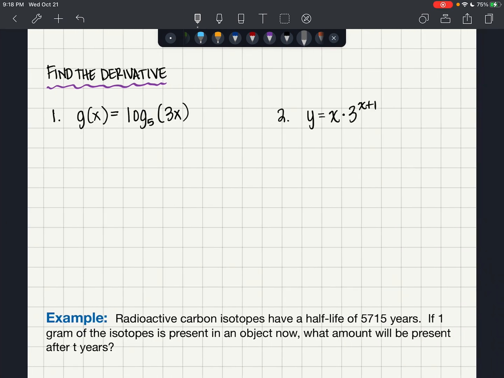Okay, so let's practice. Let's find the derivative. g of x equals log base 5 of 3x. Well, g prime of x is going to equal, let's see if you can use the formula.